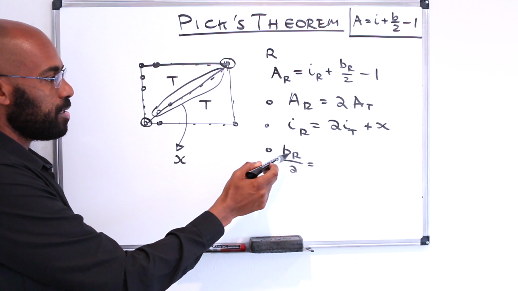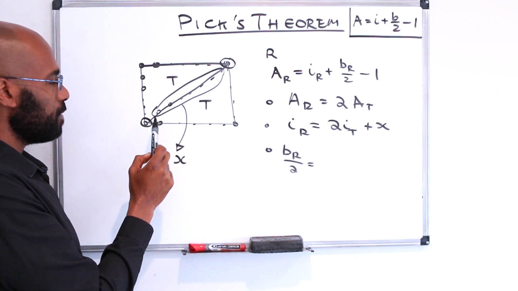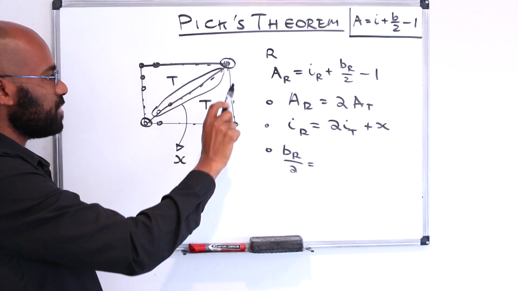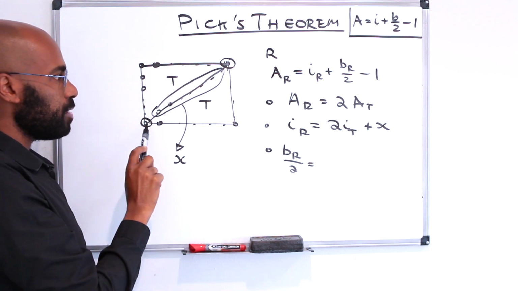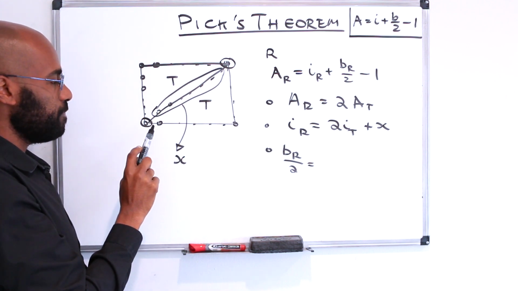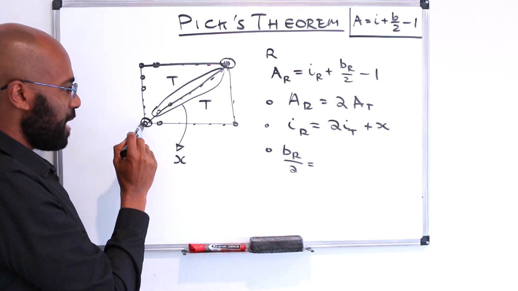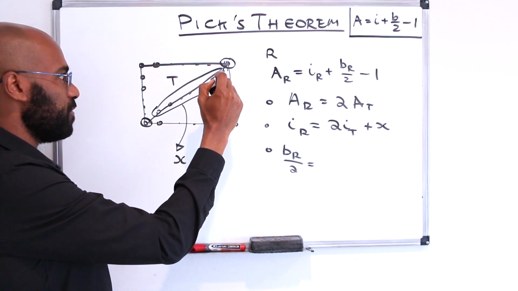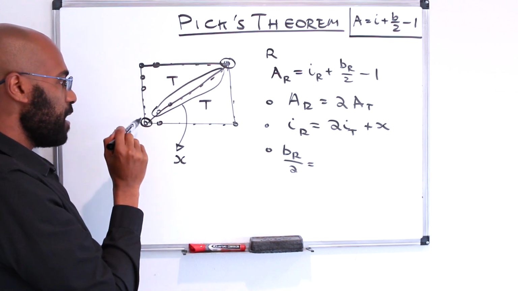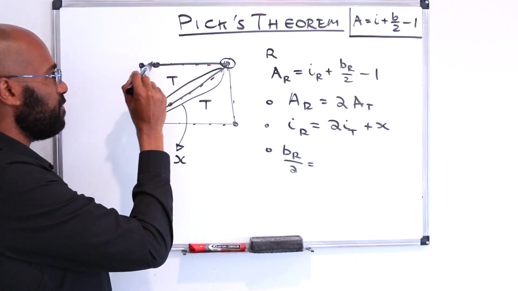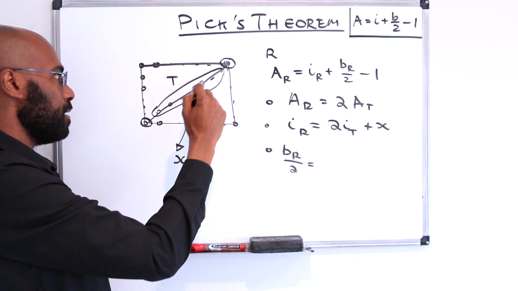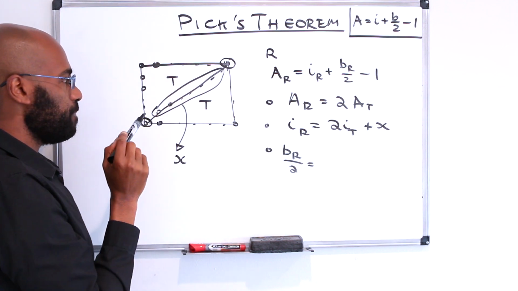Okay, so now let's look at the number of boundary points of T. So the boundary points of R, a lot of them are involved in the boundary points of T. We see that if we look at the boundary points of T from this lower triangle, we get boundary points of R together with these X values here. And then in this copy of T, we have the boundary points of R and this copy of X as well.